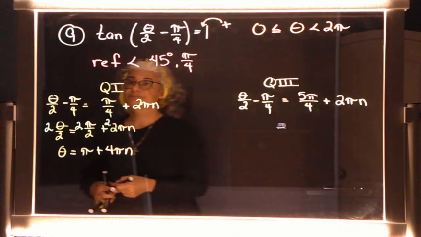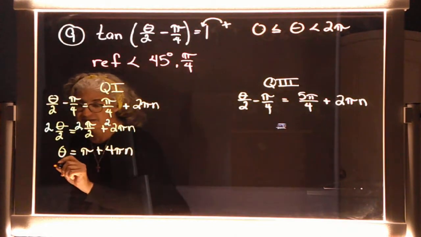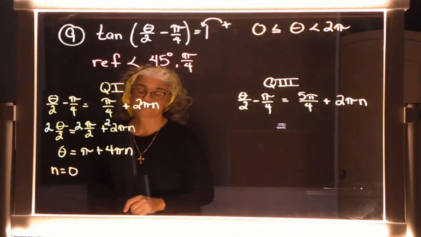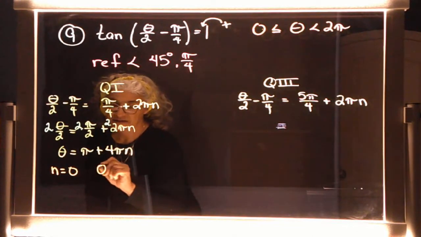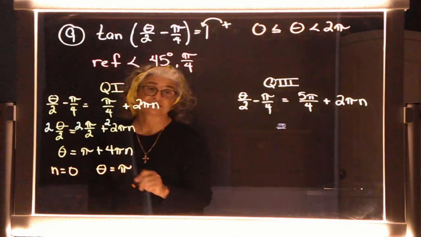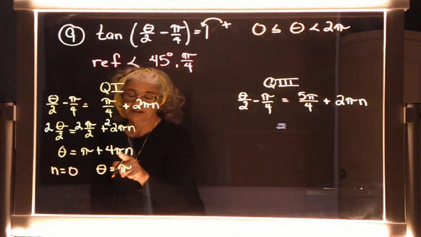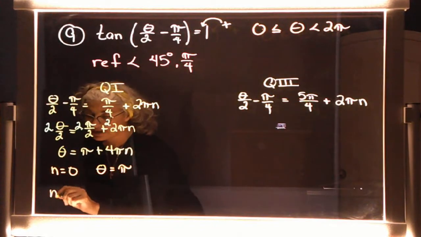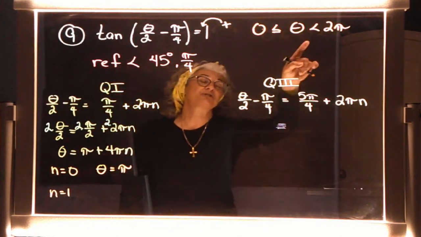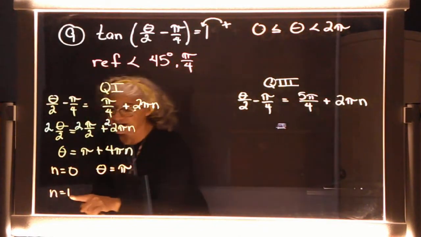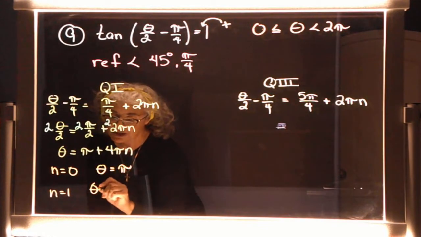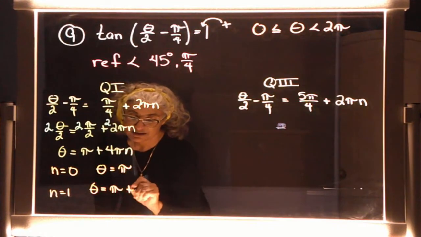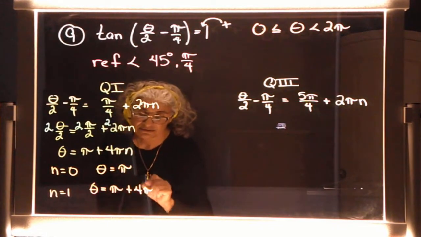So n is going to equal 0, which means theta is equal to pi, isn't it? Because this becomes 0 when you plug in for 0, right? Which means it's in the restrictions, so I'm going to try again. I'm going to start going once around the circle, which means theta equals pi plus 4 pi times 1.